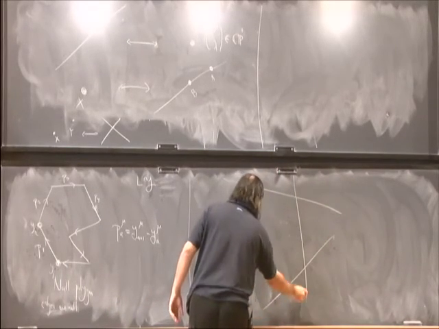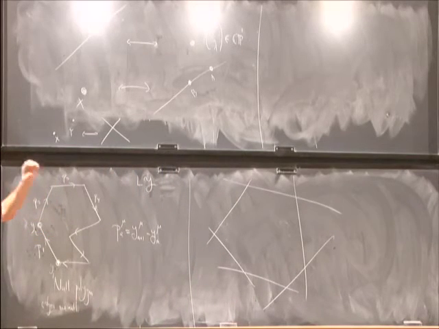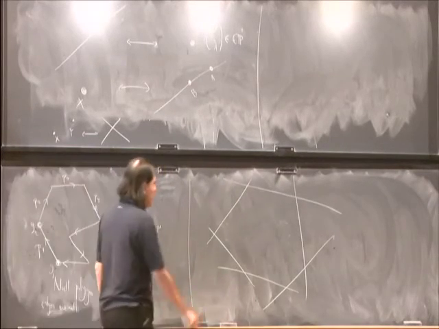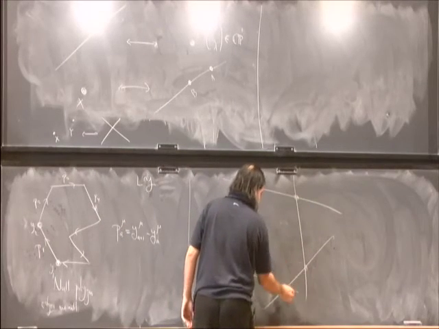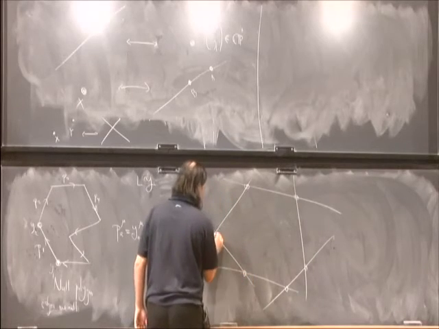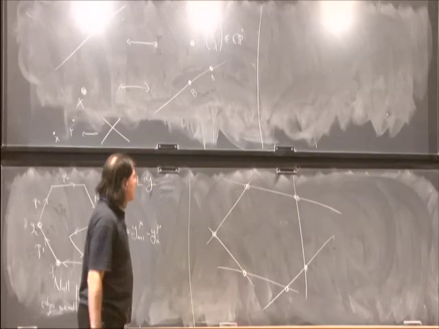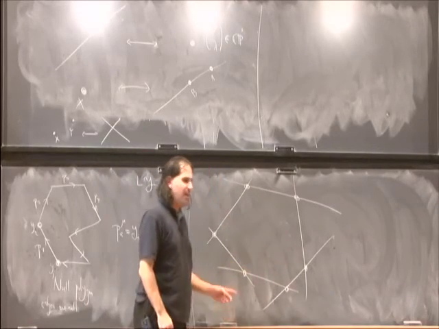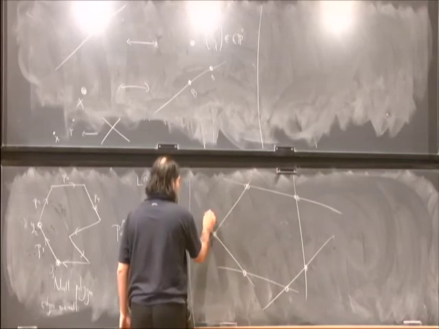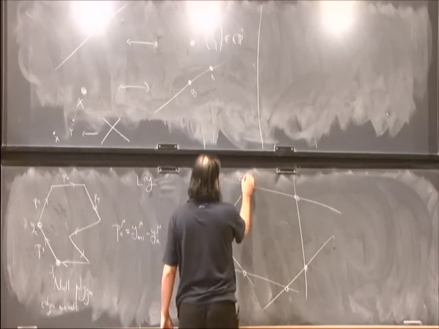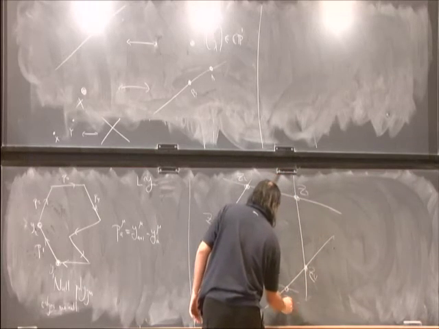And so this picture of a null polygon in y space turns in Twistor space to a picture where you have lines, one intersecting the next. And that means that I can actually fully specify this picture just by giving a list of the intersection points. Right? So I can just call that Z1, Z2, Z3, Z4, up to Zn.